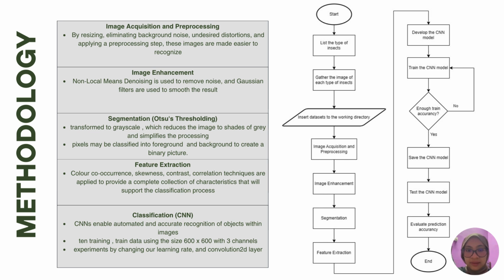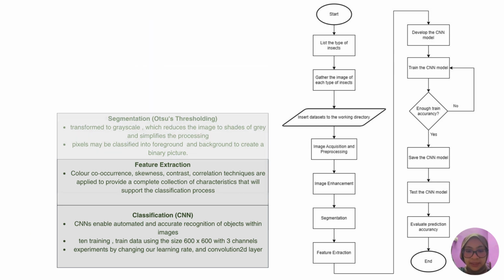Finally, we assess the prediction accuracy of the model to ensure it performs well in real-world scenarios. To sum up, this workflow ensures a structured approach to developing a robust CNN model for insect image classification. By following these steps, we can systematically improve our model accuracy and reliability.